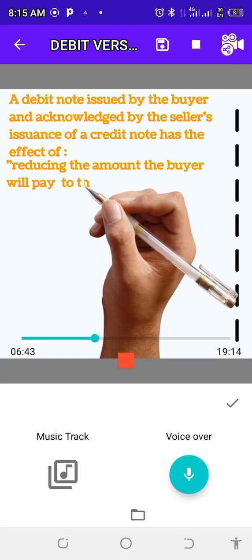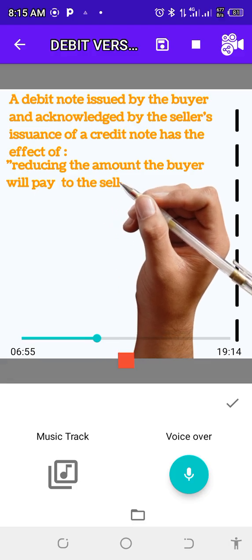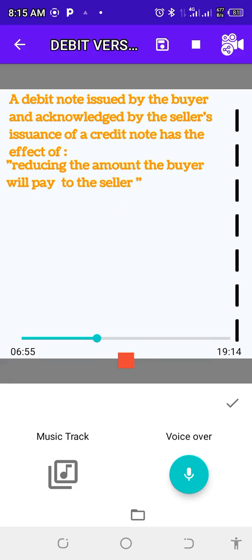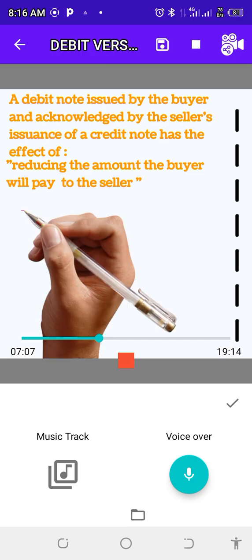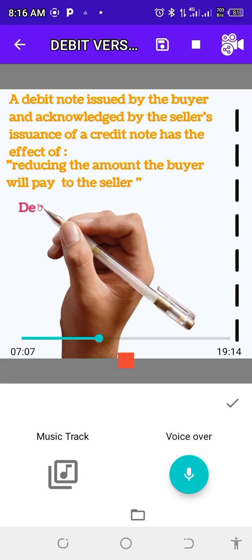Now let us examine a debit note issued by the seller to the buyer. A debit note issued by the seller to the buyer is complaining of undercharge.